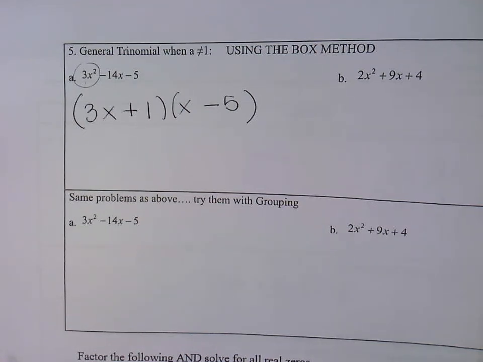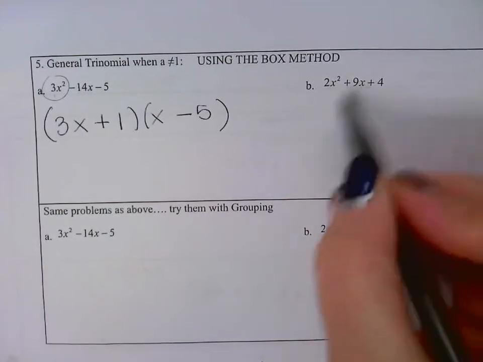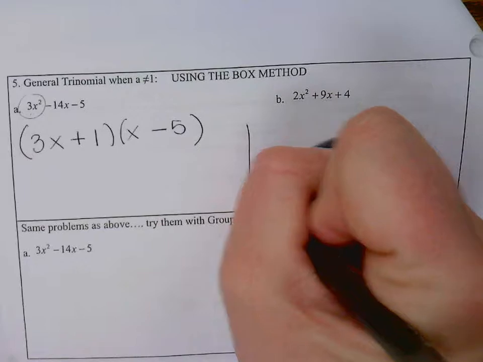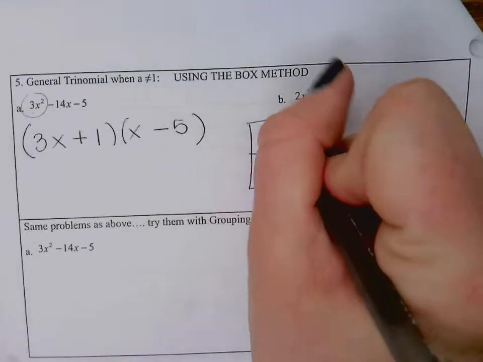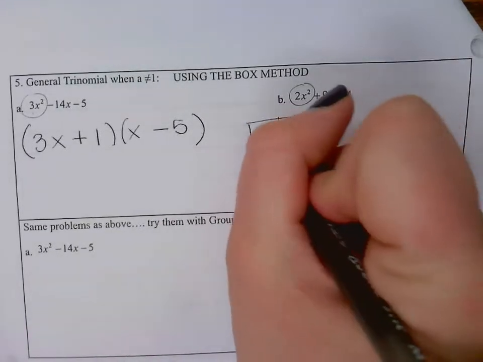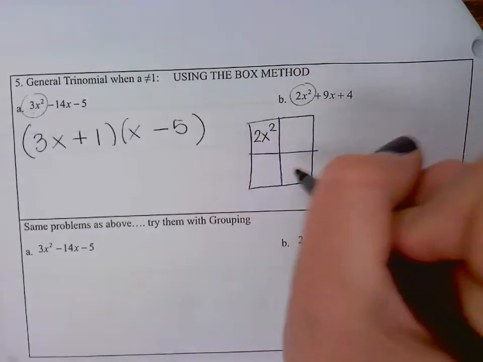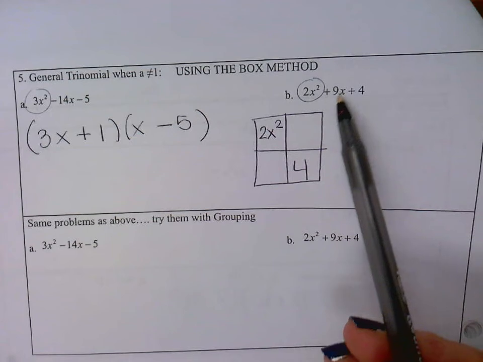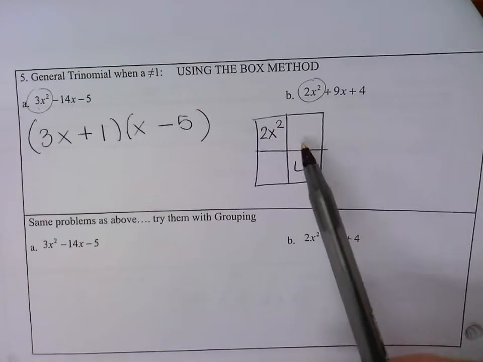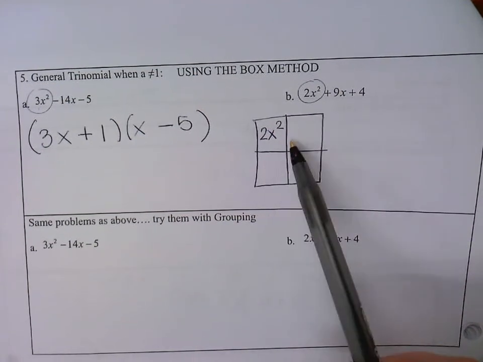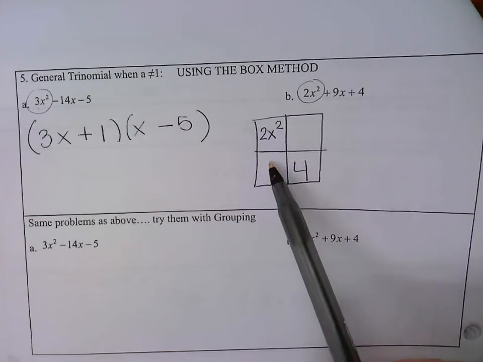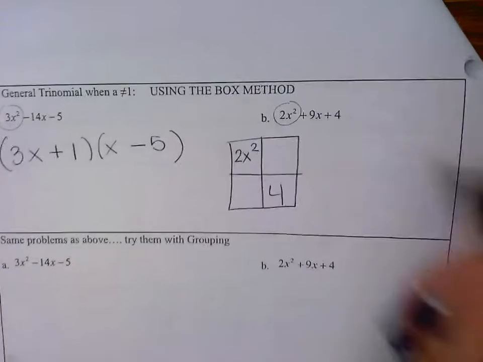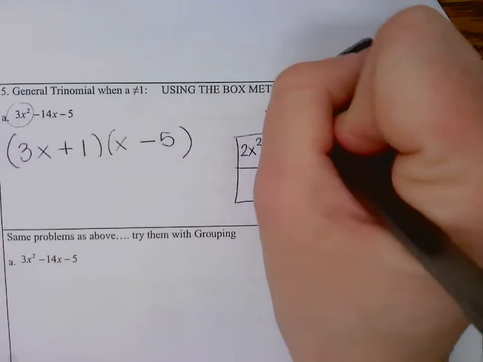Maybe I'll just, for the last one, I'll show you the box method on this one. And then that way I won't go back and do the box method here. So the box method is when you put your starting term 2x squared in the top left, and you put your 4 in the bottom right, and you split up the 9x into the other boxes. But to figure out where to put the 9x's, like do I want to put 6x's here or 7x's here, you do the diamond on 2 times 4.